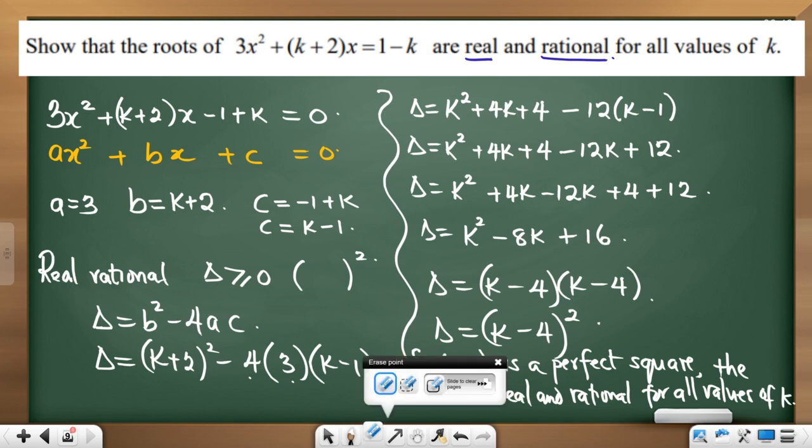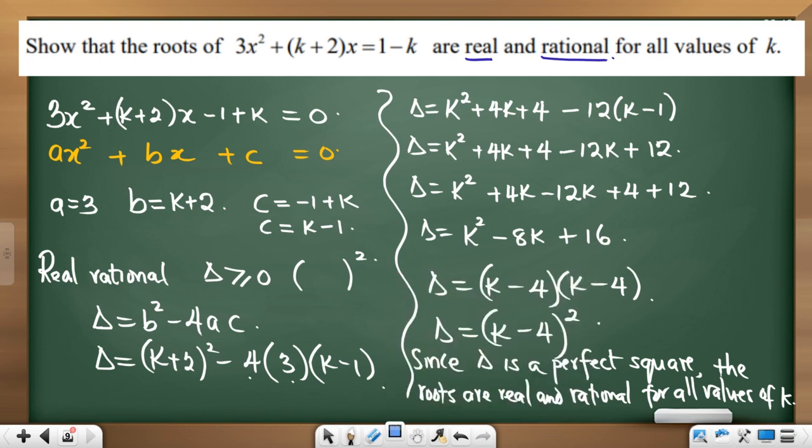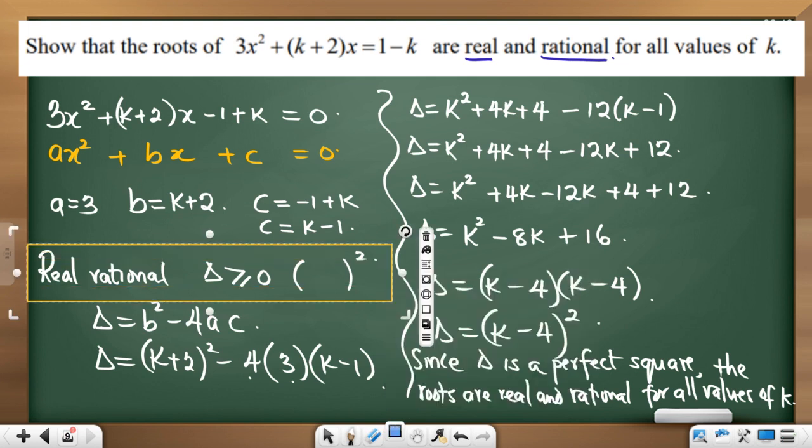So don't forget what you are required to show, the conditions. Rational means it must be a perfect square. All right, I'm getting your okays.